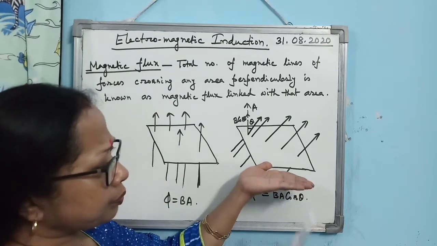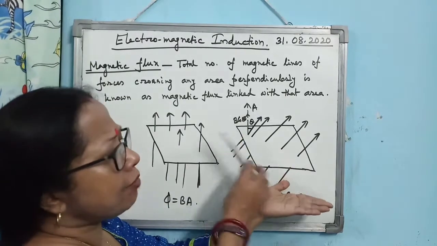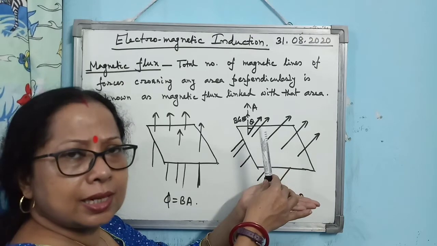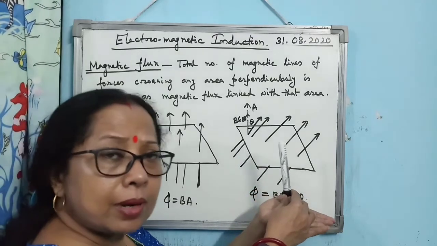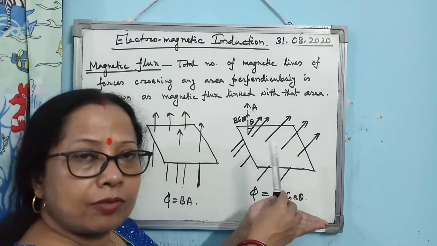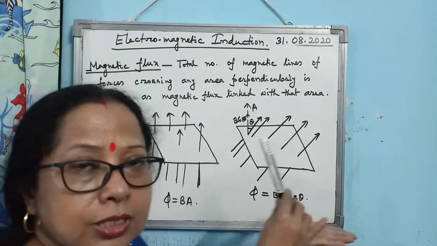Now, consider the area vector is along this direction. I hope you can remember the concept of the area vector. Area vector is always perpendicular to the surface drawn.